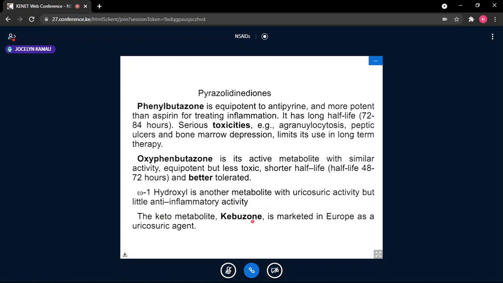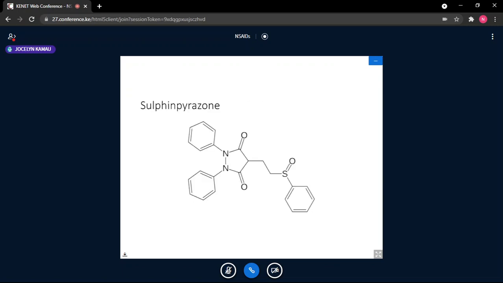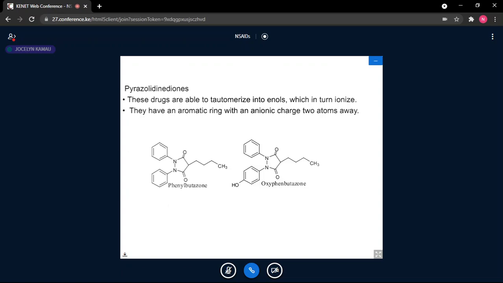The keto metabolite, those are just the metabolites that you can have of phenylbutazone. So you have the omega-1 metabolite at that position, and omega will be at that position.